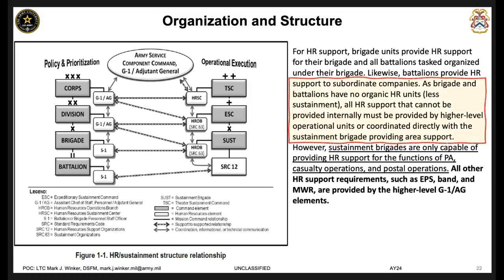It specifies that while brigades and battalions lack organic HR units and must receive HR support from higher-level operational units, sustainment brigades provide specific HR functions such as personnel accountability, casualty operations, and postal operations, with other HR support needs being fulfilled by the G1 Adjutant General elements.